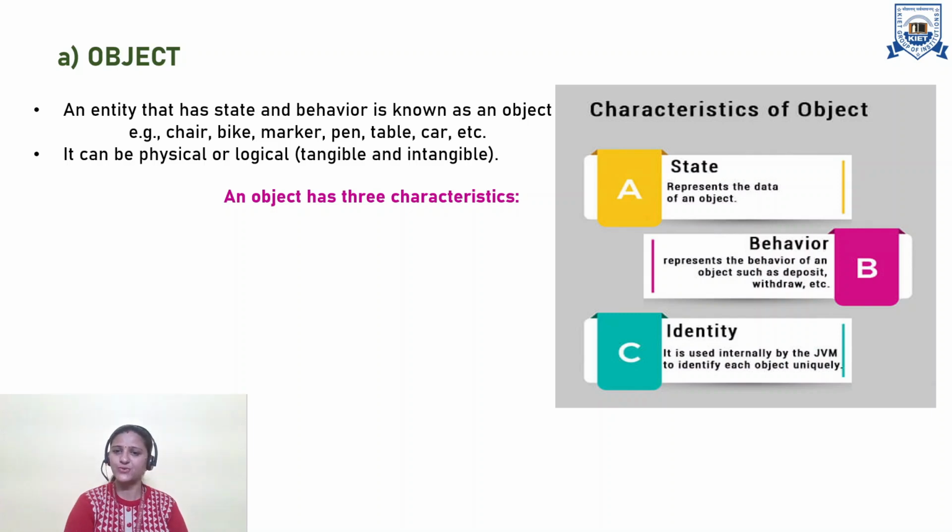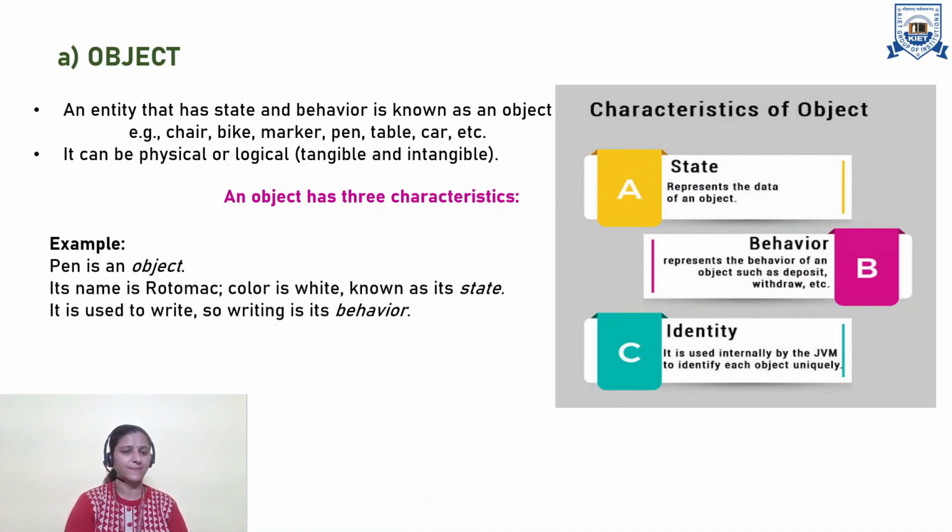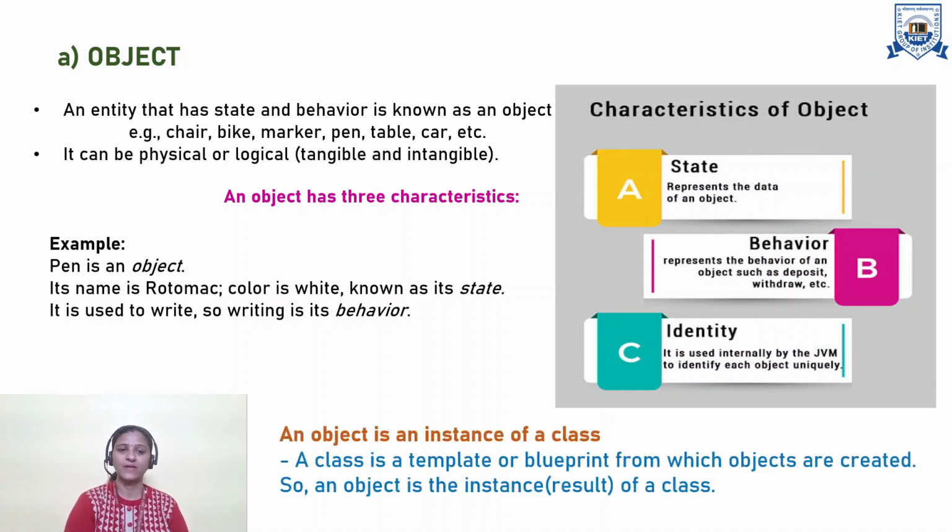It is basically used internally by the JVM to identify each object uniquely. Example, a pen is an object. Its name is Rotomac and its color is white. This is known as its state. It is used to write, so writing is its behavior.